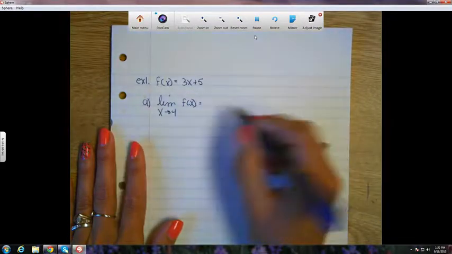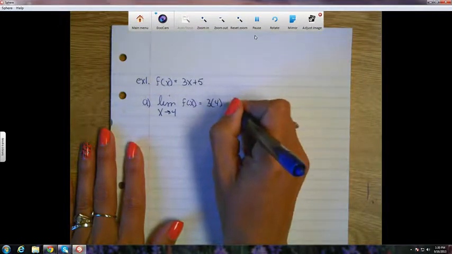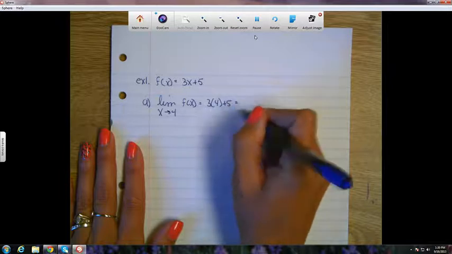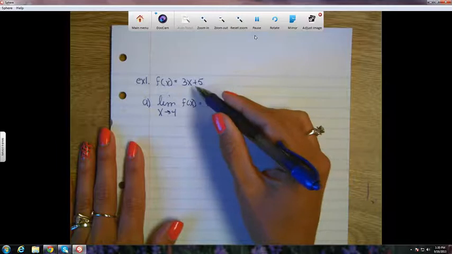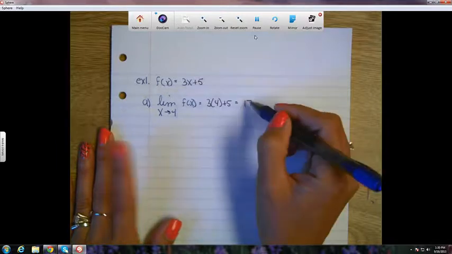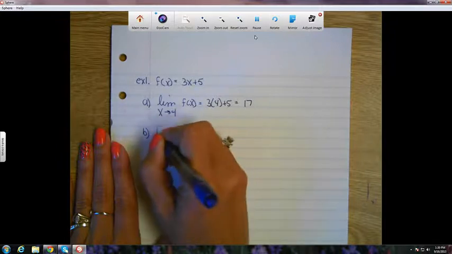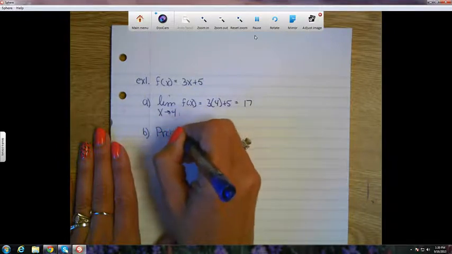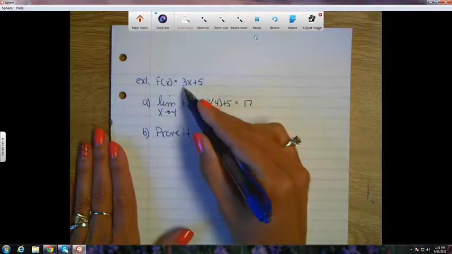All I have to do is plug the 4 in here. 3 times 4 plus 5, I've got 12, 17. We could have looked at the graph or the table, but it's easy enough just to plug in. There's my limit. Now, here's the tough part of today. Prove that limit. Prove that the limit as x approaches 4 of this function is 17.